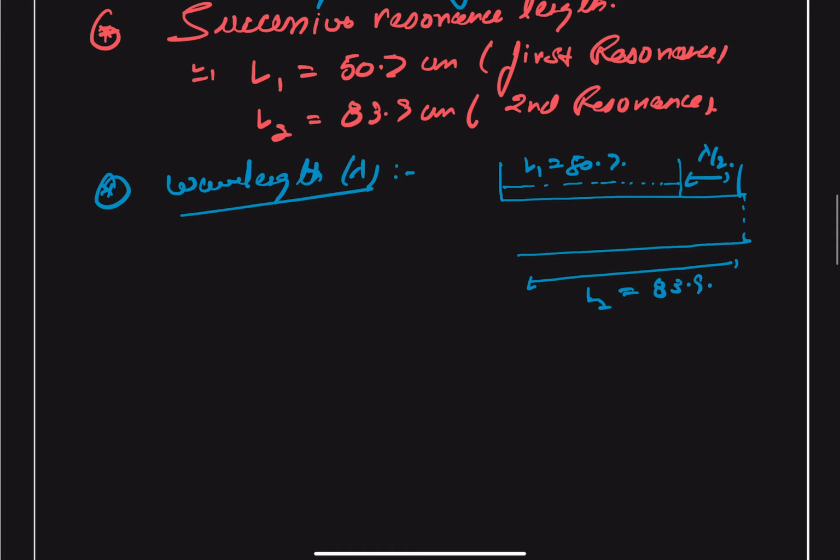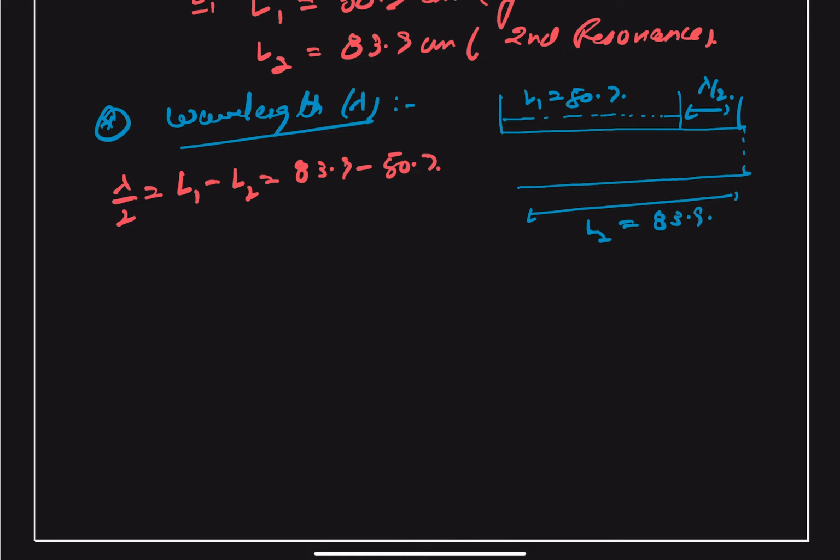Therefore, lambda by 2 will be equal to L2 minus L1, which is 83.9 minus 50.7. This gives us lambda by 2 equal to 33.2 centimeters, or lambda is equal to 66.4 centimeters.